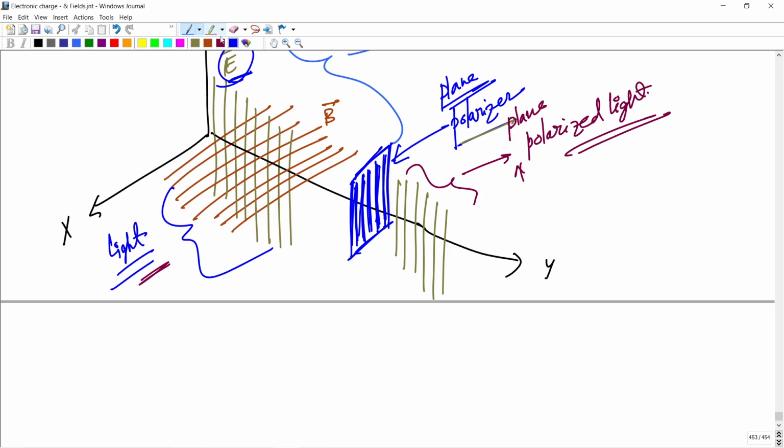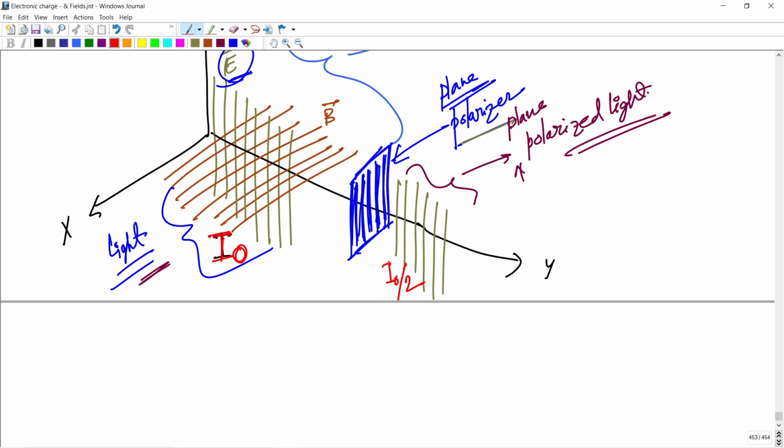If the intensity of the unpolarized light is I0, then after passing through the plane polarizer the intensity will be I0 by 2, because the B part will be blocked here. The axis of that is the Z axis, so we get only the electric field part here.